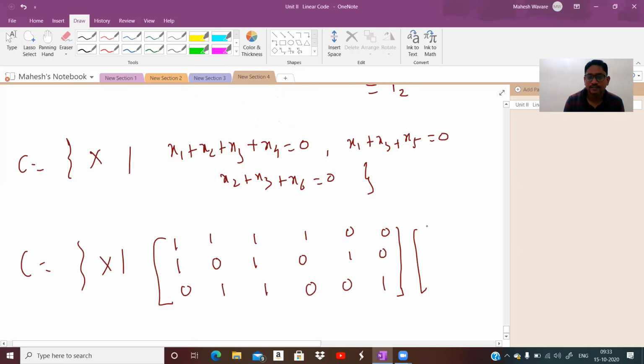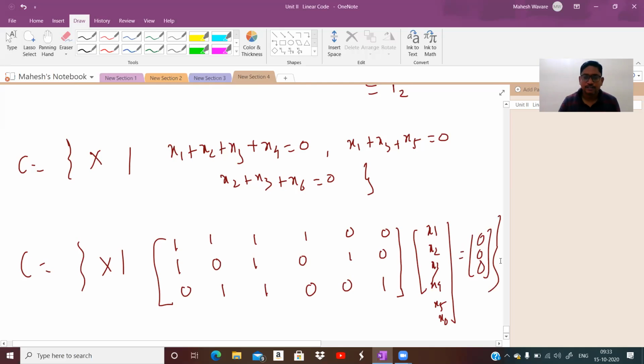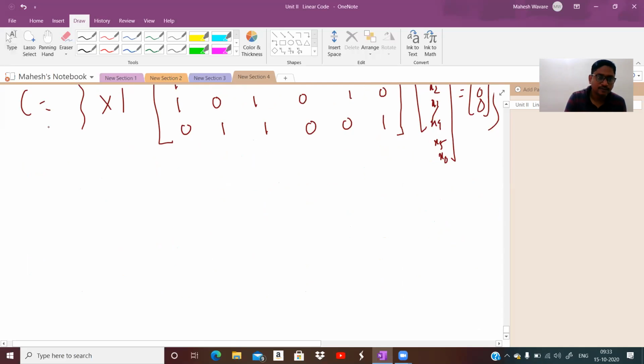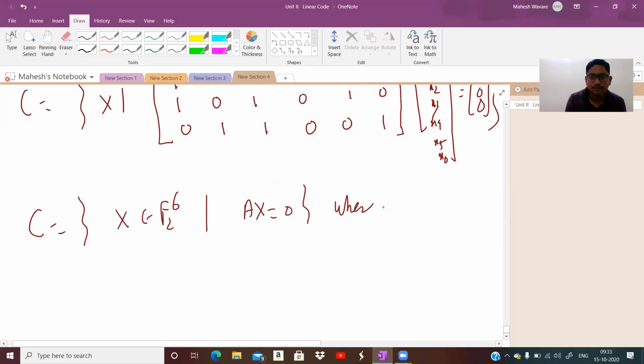And you are writing this x as x1, x2, x3, x4, x5, x6. This is 0. So it's a null space of matrix A, which is obviously a subspace of this. So C equals x in F2^6 such that Ax equals 0, where A you should write from above.